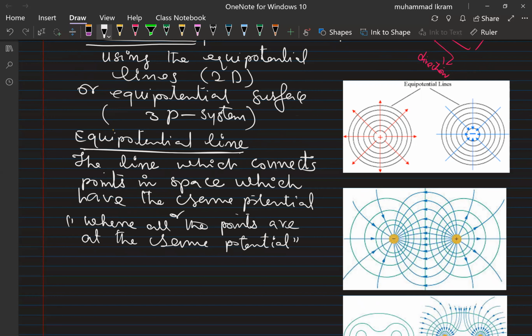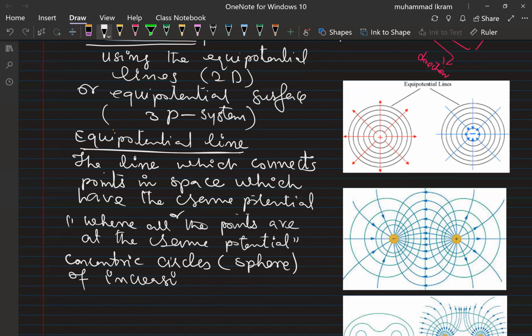And these equipotential lines are concentric lines of increasing radii. Usually for a point charge, the concentric circles in 2D become spheres in 3D space, of increasing radii.